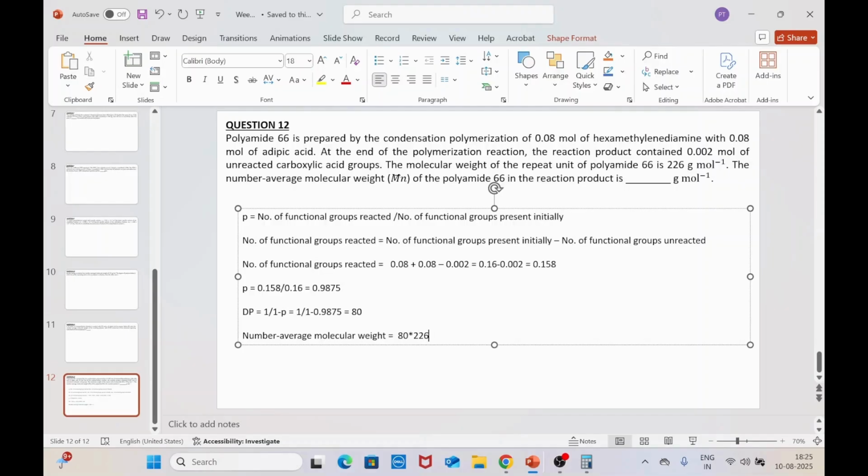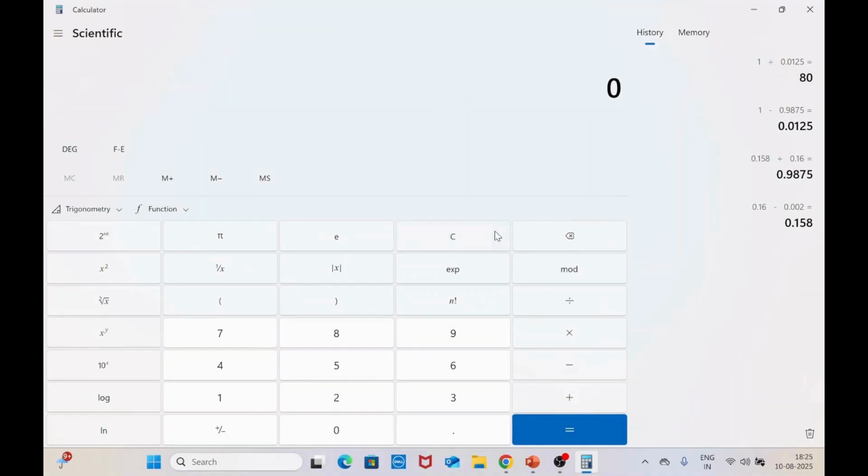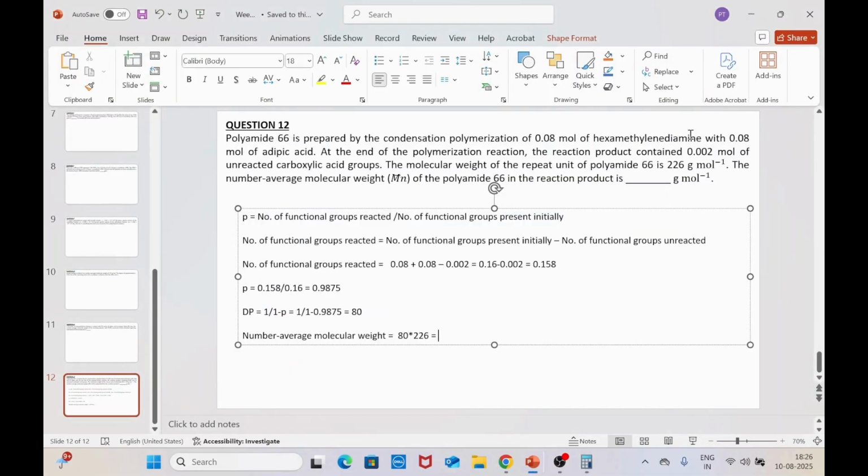Is this correct, or is there any issue? Any answers?